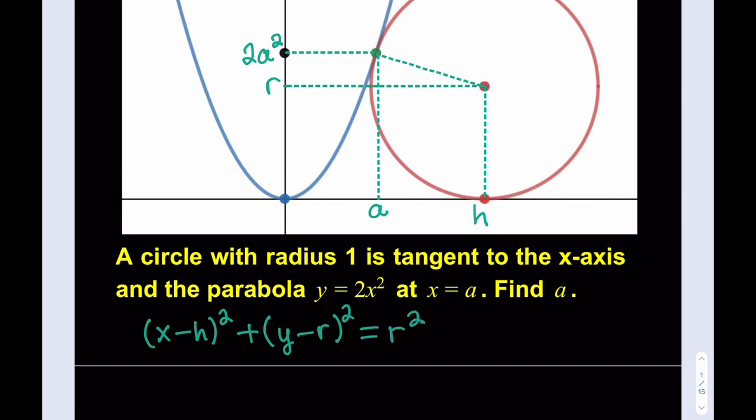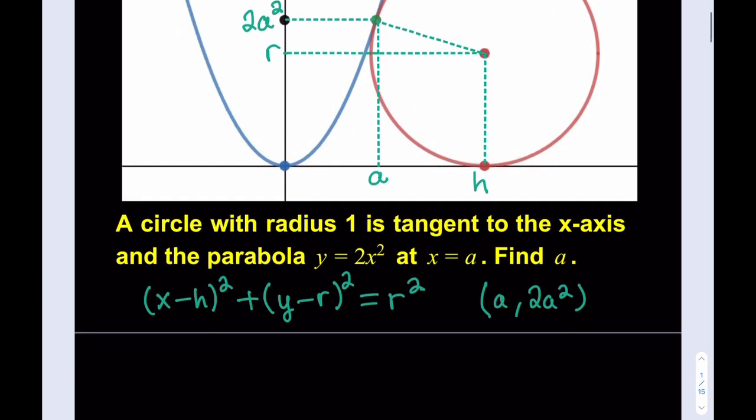Awesome. Now, since I have an equation for the circle now, I can basically just plug in the point a comma 2a squared because that's a point on the circle, isn't it? Okay. That's a point of tangency, therefore that's a point on the circle. So it should satisfy the equation. All right. X equals a, so I'm going to plug in a here.